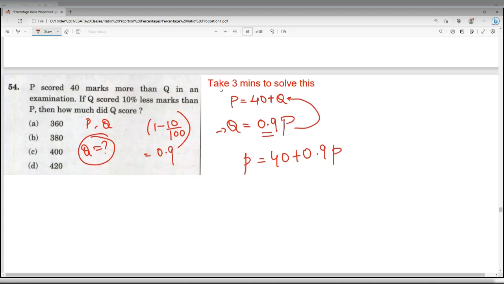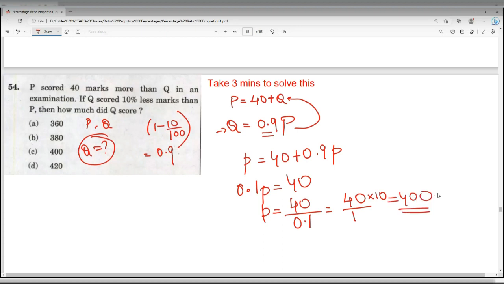0.9P, and if I move this P this side, this would be 0.1P, that is equal to 40. P is equal to 40 by 0.1. 0.1 you can write as 1 by 10. 10 will go here, and this would be 400.